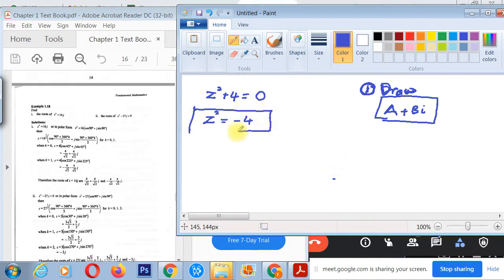This form is enough to draw. So now we have z square equals to negative 4 plus 0 i.